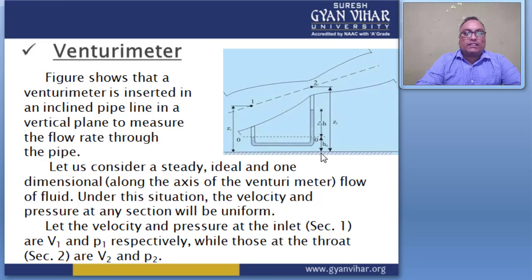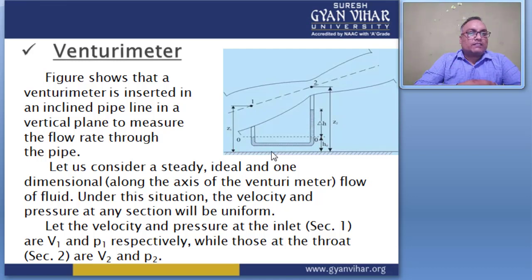This is the height for the manometer from the datum level to the difference in the column, and this delta H creates the difference in the two manometer columns, which gives the difference between the two columns.